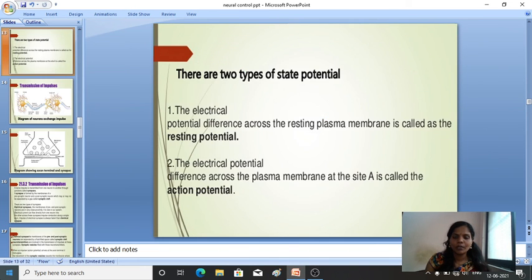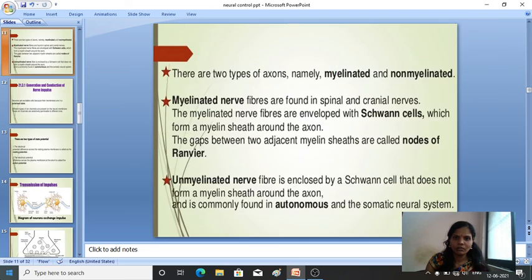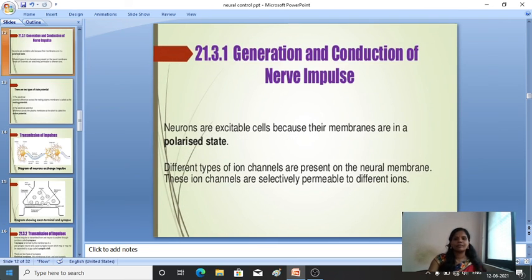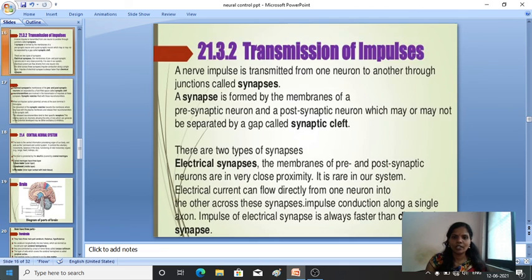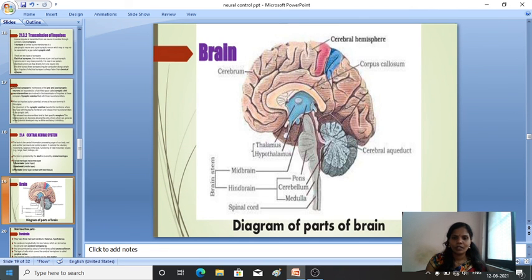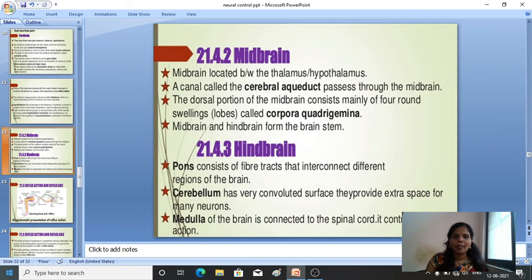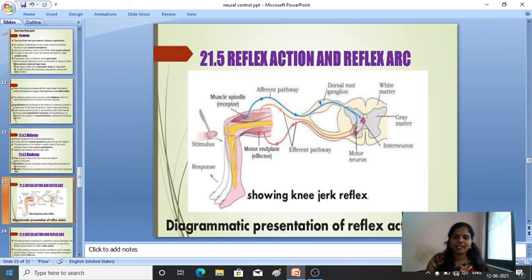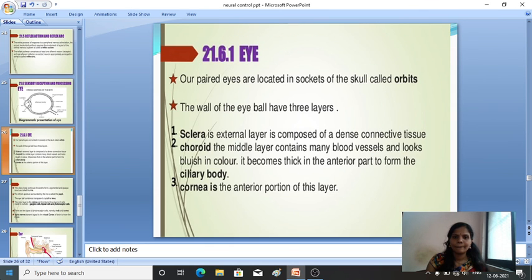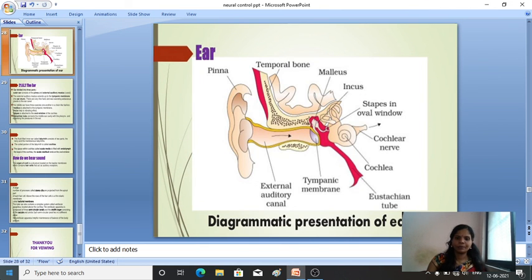Okay, hope these concepts are clear to you. Now you can go through and solve the slides. Structure of brain, reflex action, reflex arc, human eye, ear. Okay.